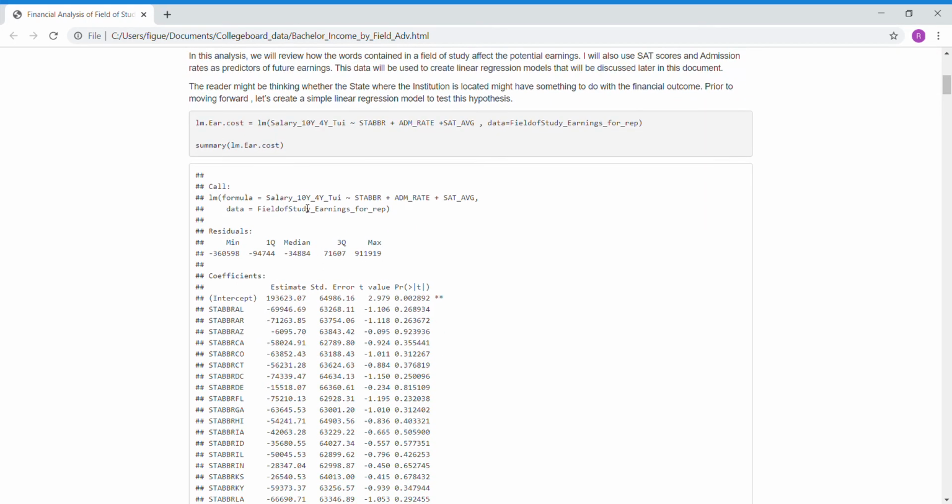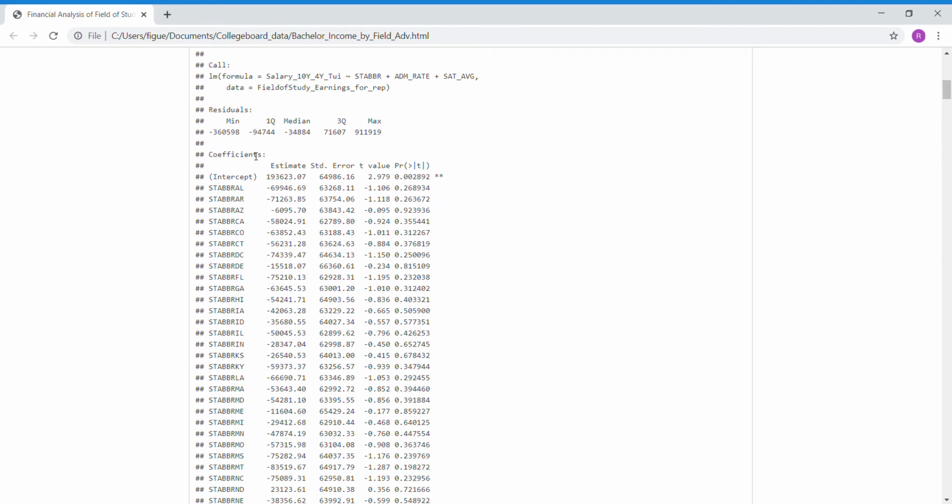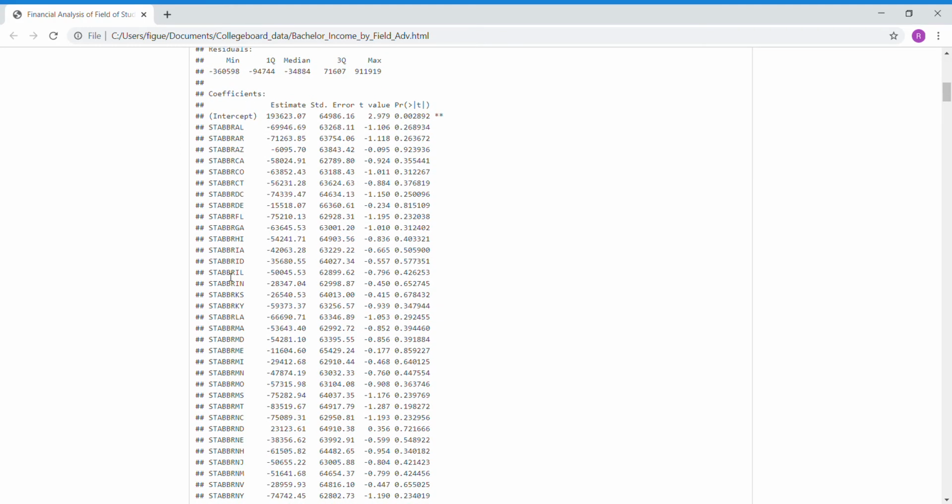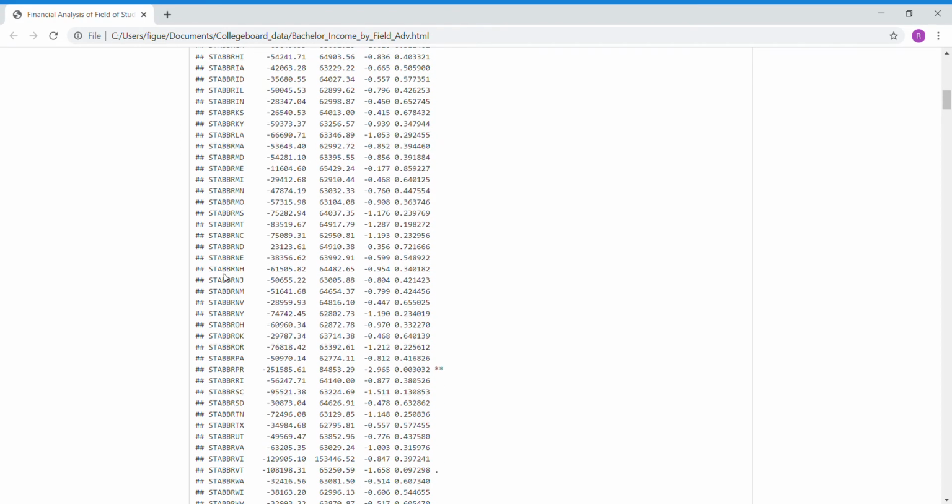And one of the questions that we asked ourselves last time was whether the location or the state where the institution is located has anything to do with the earnings that are going to be expected by the students graduating from that institution. And I created a linear regression that will show all of the different states because I selected that variable.